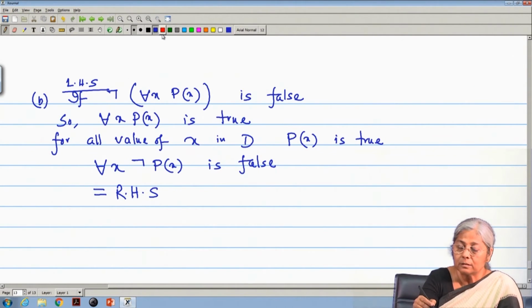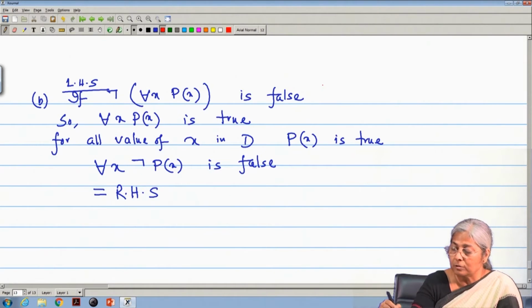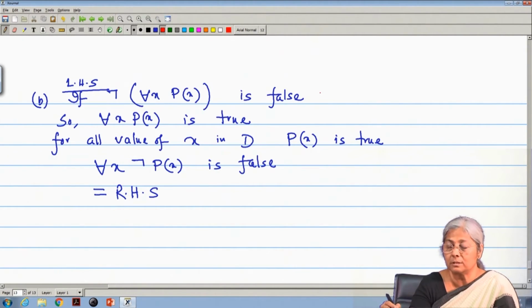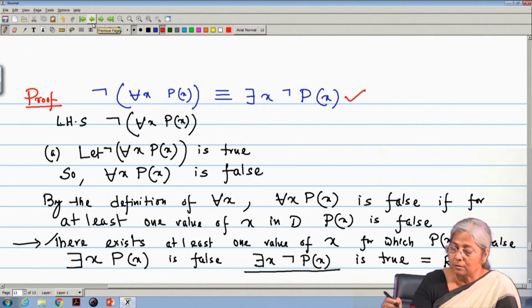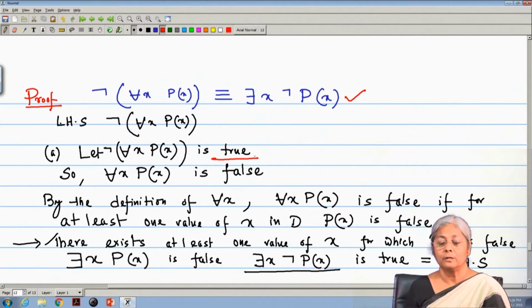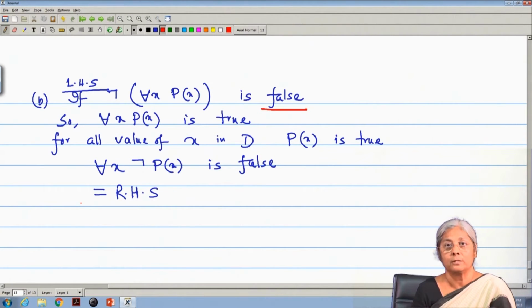So, this is our proof for when the negation of the universally quantified statement is false, and here we can tell that whenever our universally quantified statement is true. So, both the cases we can prove, and this is our De Morgan's law.